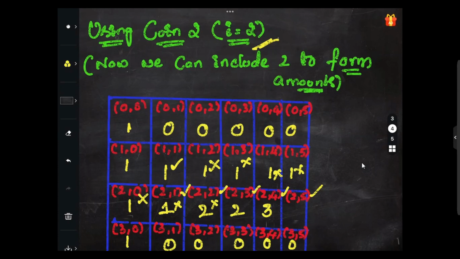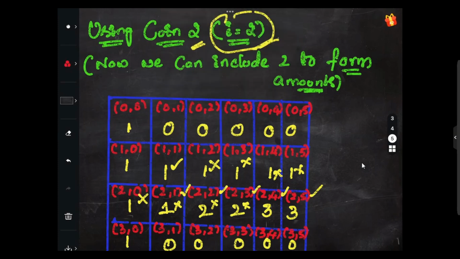Where is 2 3 here? This one. So this one will be 1 plus 2, again this will be 3, right? I hope this is completely clear. We got here 1 1 2 2 3, right? I hope this is clear. This is for using coin 2 when i equals 2.